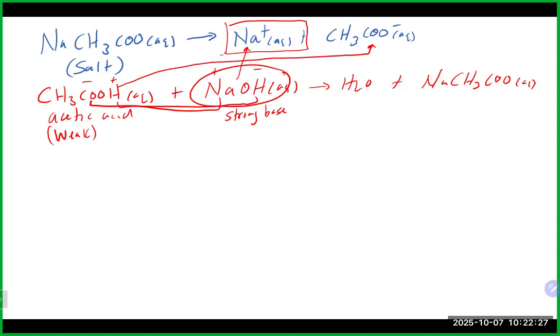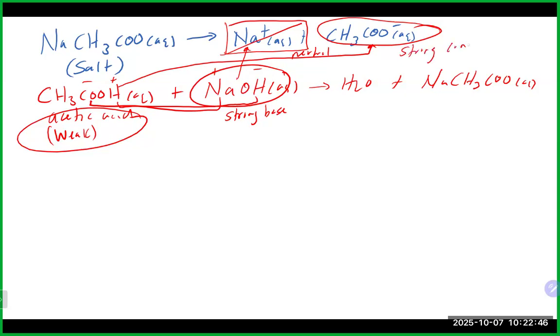So we don't even have to worry about it reacting because that's going to be neutral. But what about the acetate? It comes from acetic acid, which is weak. And because acetic acid is weak, acetate in this situation is going to be a relatively strong conjugate base, and that means it will go through hydrolysis. So this part of the salt will go through hydrolysis.